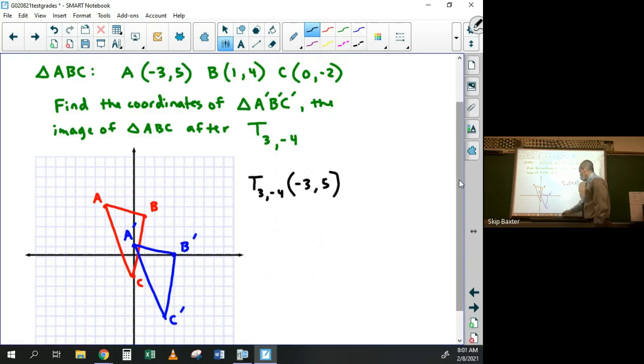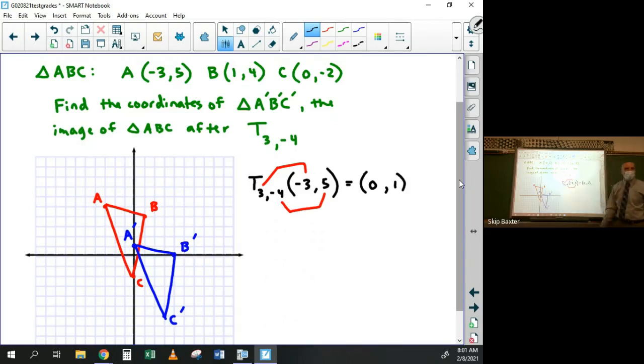Remember, that rule is you just add the x components and the y components to get the image, right? So if you add these x components, you get 0. And the y, negative 4 plus 5 is 1. And that's where it ended up, 0, 1. This is going to be A prime.